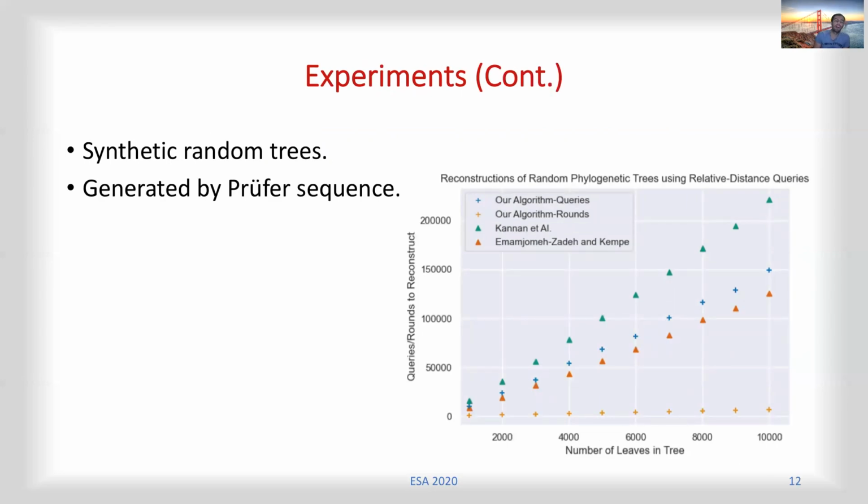And we also have conducted our experiments for random synthetic data that we have generated through the Prüfer sequence. Using a random Prüfer sequence, we generated a random tree, and we also applied our algorithm on the random tree as well, and we got similar results.